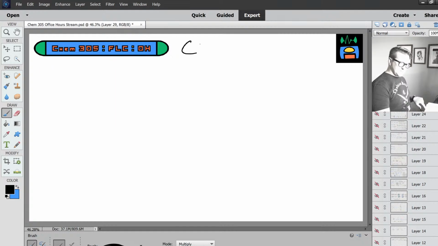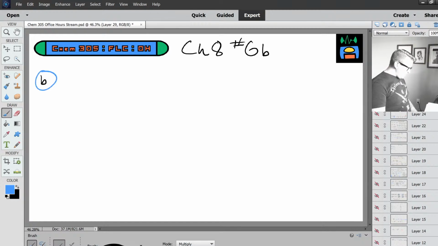All right, so that was Chapter 8, number 2. How about Chapter 8, number 6? This is 6B. For each of the following pairs of solutions, select the solution for which solubility is greatest.